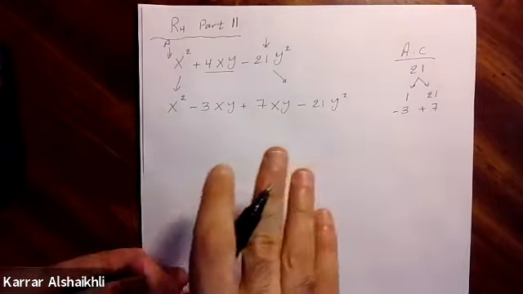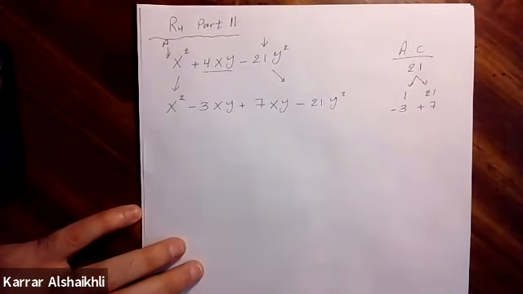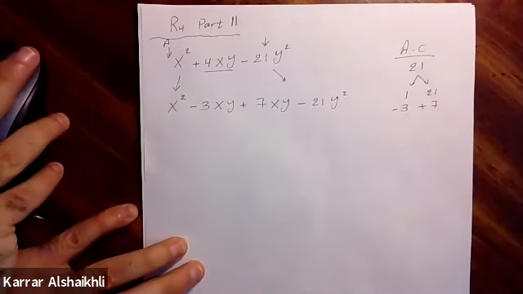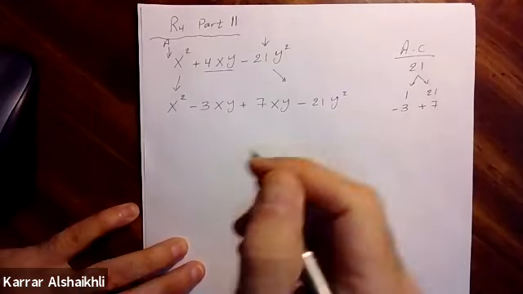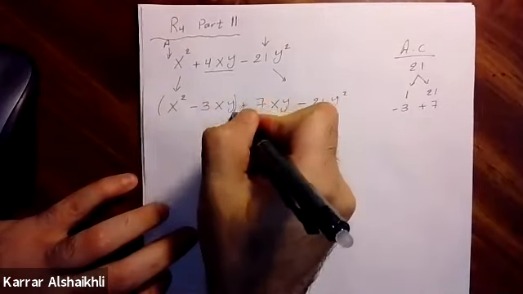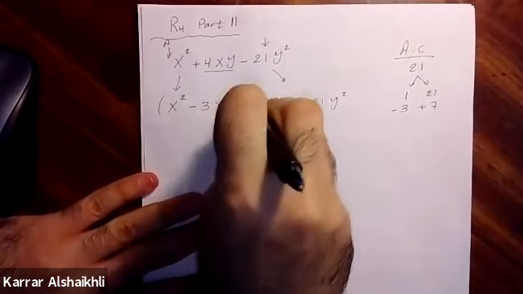Now we have 4 terms. We're going to use grouping because we converted it from 3 terms to 4 terms. Now we can use factoring by grouping. So we're going to group the first 2 terms and the last 2 terms.